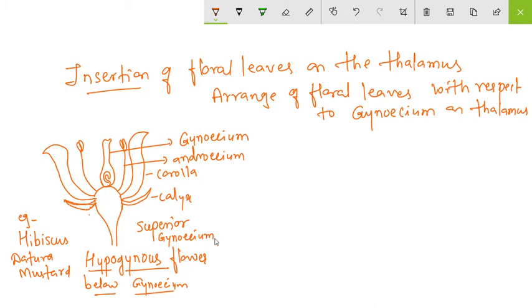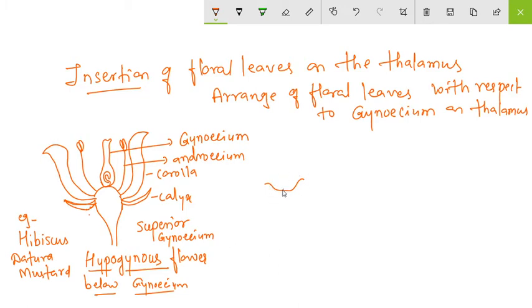Then the second condition is when the thalamus is disc or saucer shape.